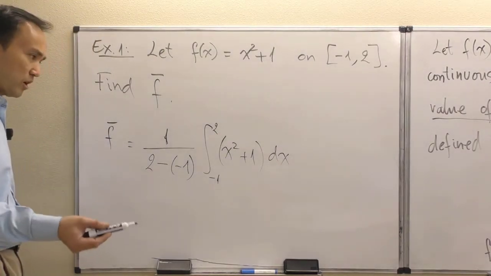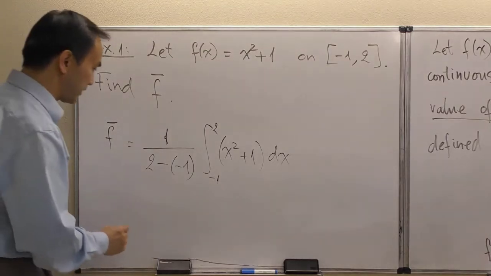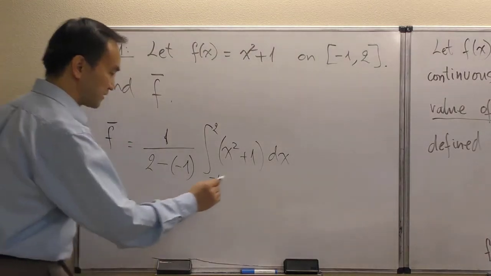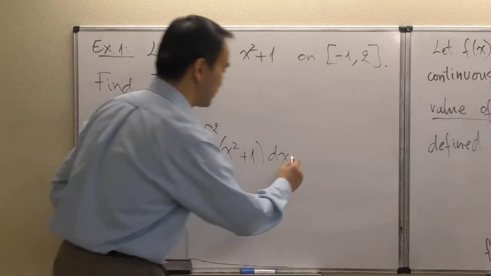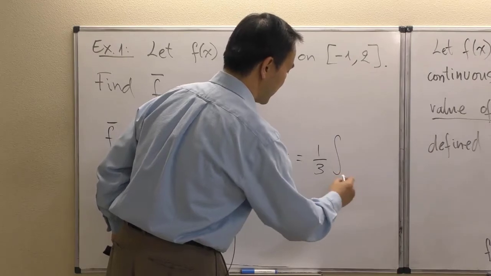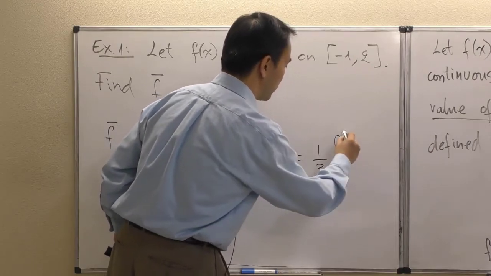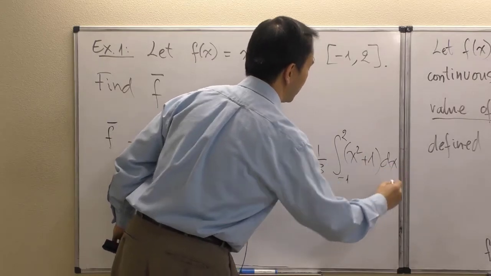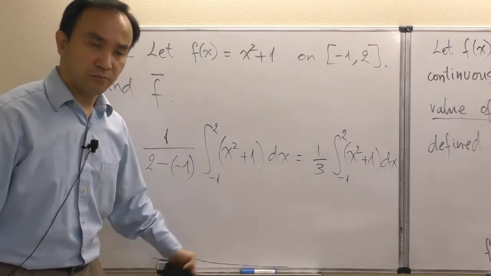Okay, so we are ready for the final work. Well, that gives us 1/3. So maybe I should write it here to continue my line. It's 1/3, to be multiplied with whatever comes out from the integral from -1 to 2 of the x squared plus 1 function, of course multiplied with the dx.